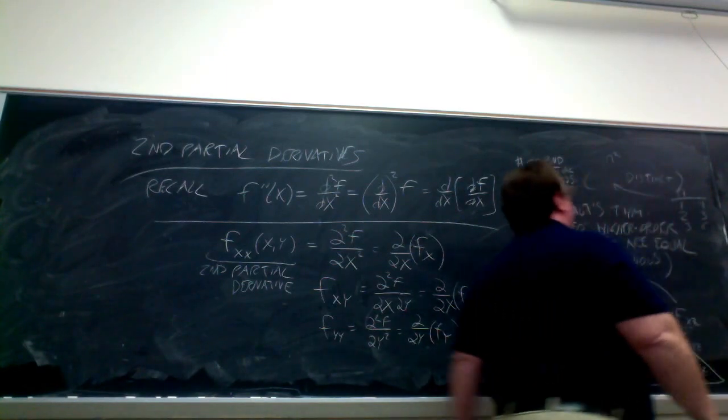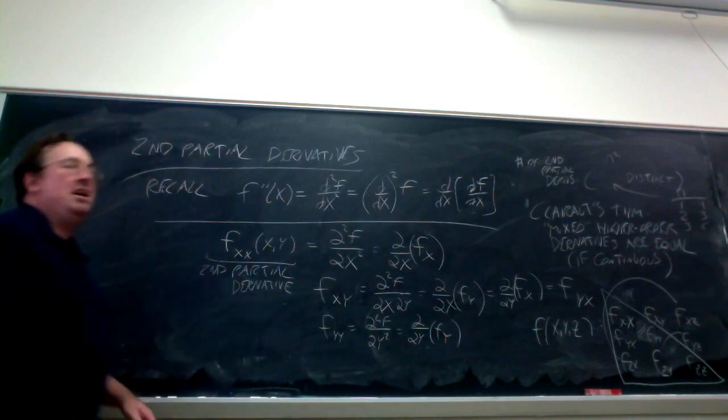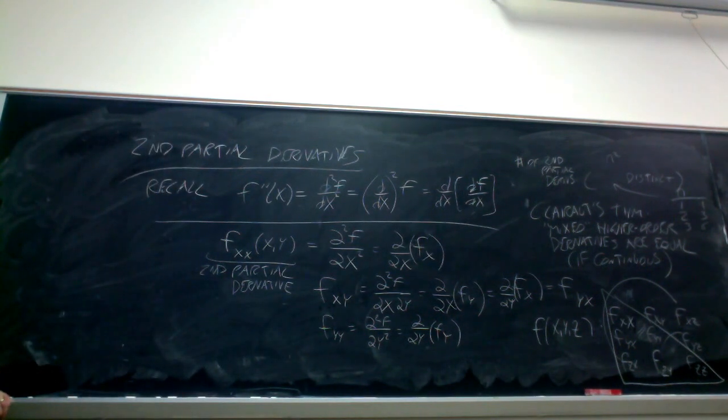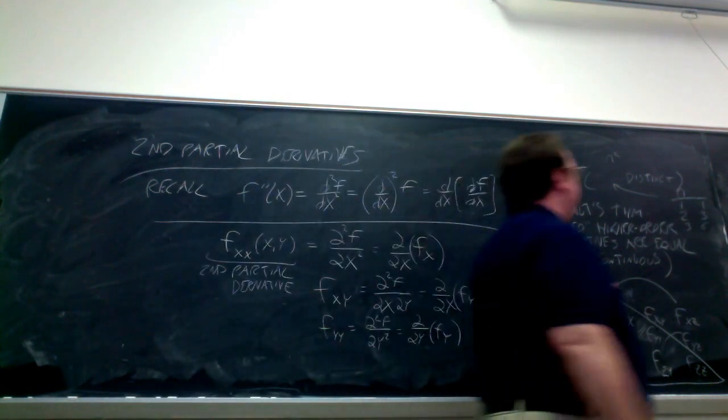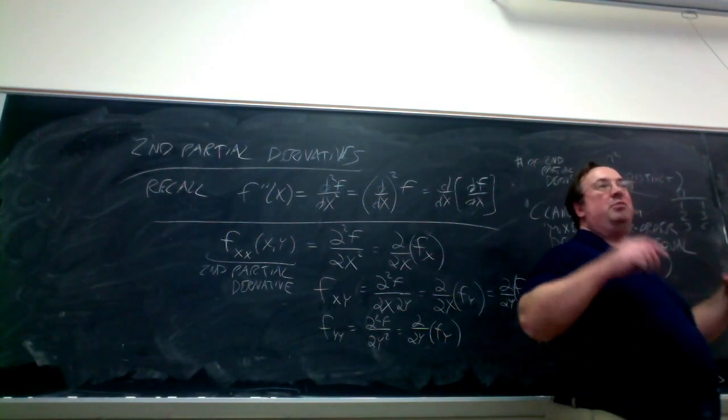Does anyone see what the pattern is there? Almost. Okay. All right. So it's the sum of all the numbers from 1 to n, which is not n squared minus n.